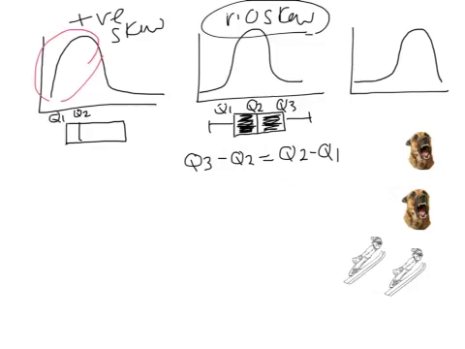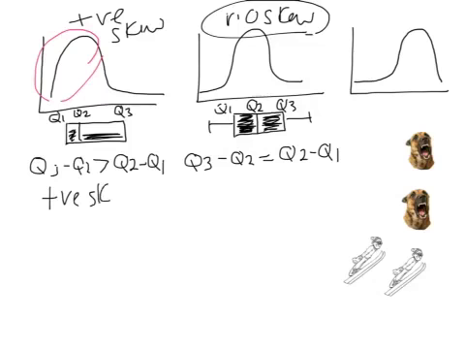Okay, there's my lower quartile, there's my upper quartile. Okay, so how do we write it? Q3 minus Q2, that's this distance here, is no, it's not smaller, is it? I always go wrong on these, is larger than this distance here, which is Q2 minus Q1. And if you have that happening, then that describes positive skew.